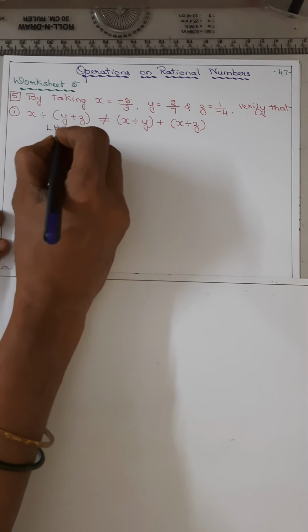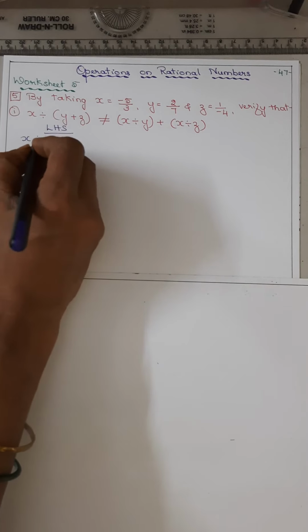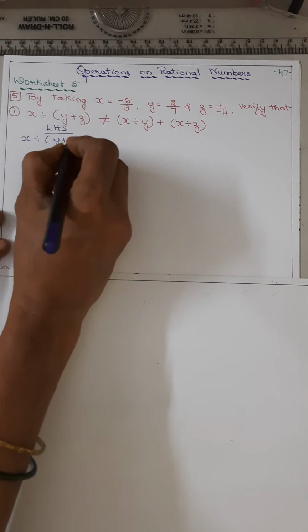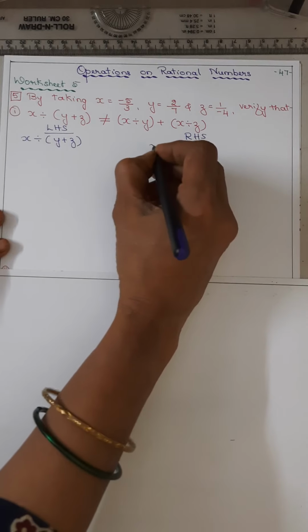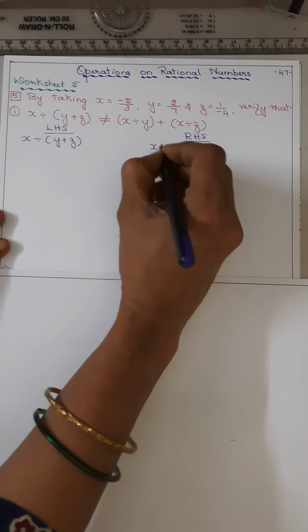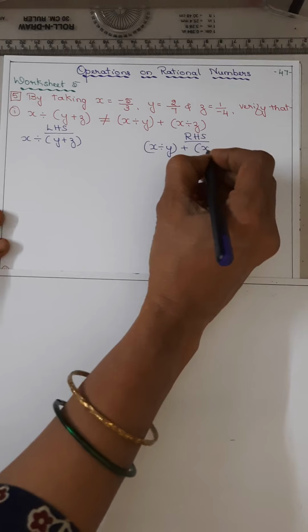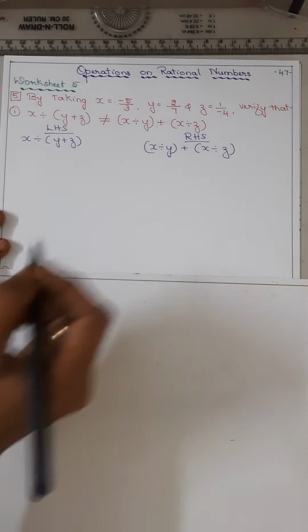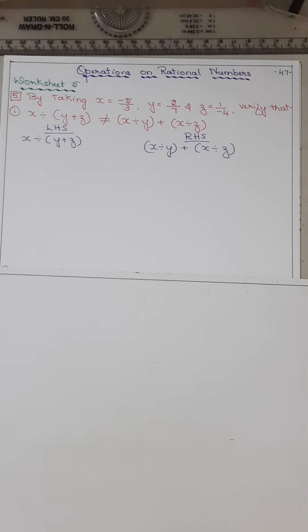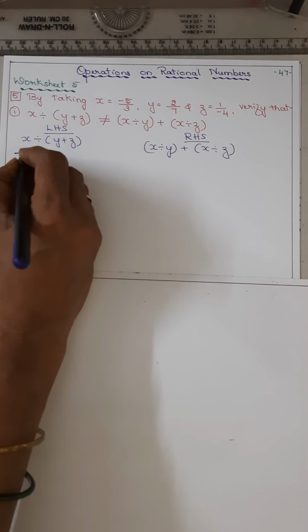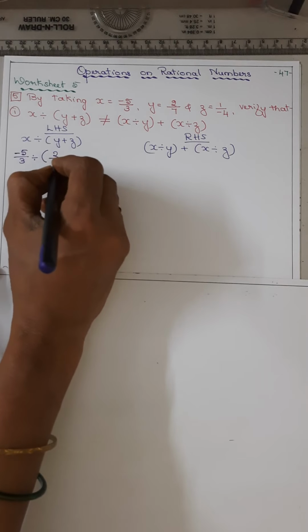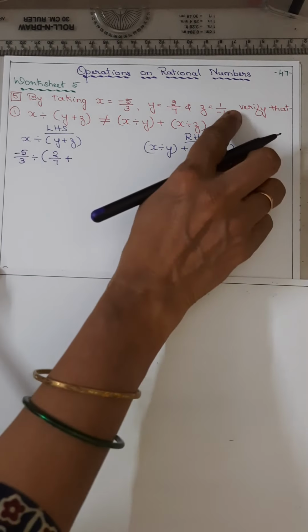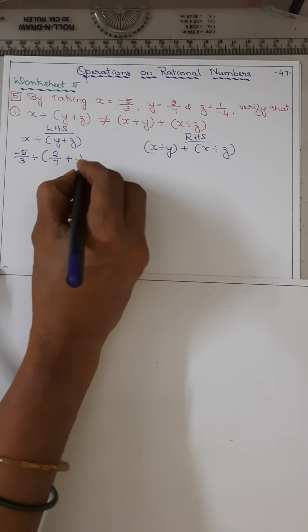So LHS, x divided by y plus z. RHS, it will be x divided by y plus x divided by z. Okay. Now put the values. x is -5/3 divided by y is 2/7 plus z is 1/-4.